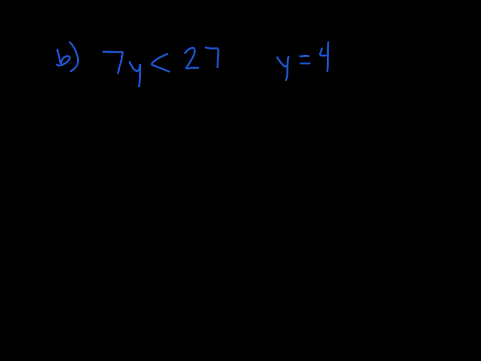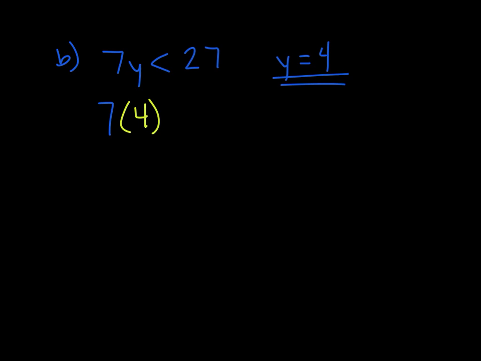Let's try this one. So we write the inequality, we've got it there. Now we substitute the 4, because y equals 4. We substitute it where the y is. So I'm going to leave my 7. It would be 7 times 4, substitute my 4 for y.